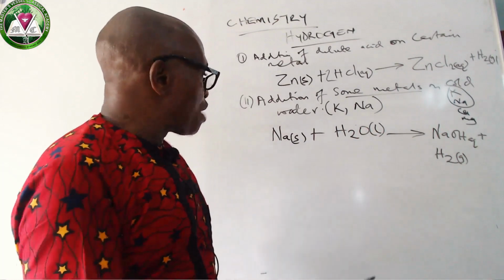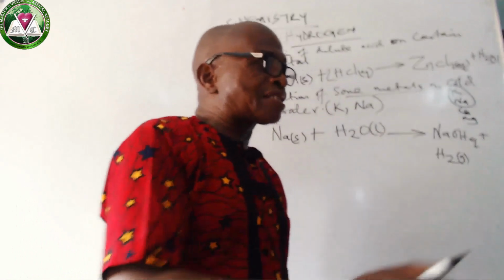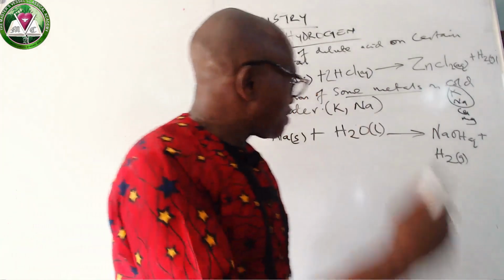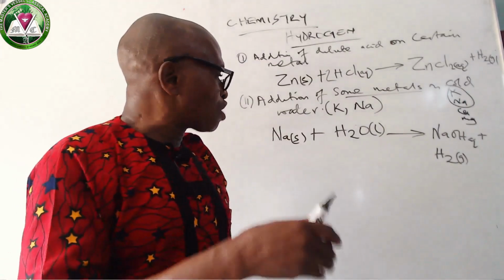The first thing you do when you are writing an equation is to write the elements and compounds as they are reacting, their actual formulas, and then the product. After writing it, you now check whether the equation is balanced.